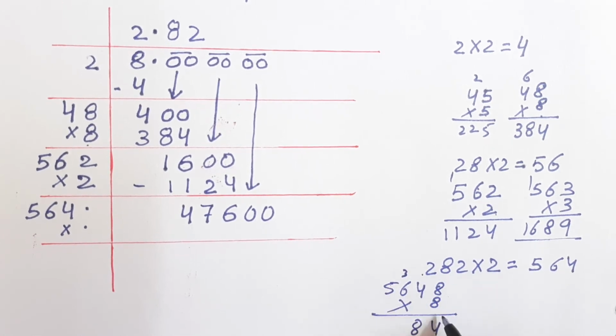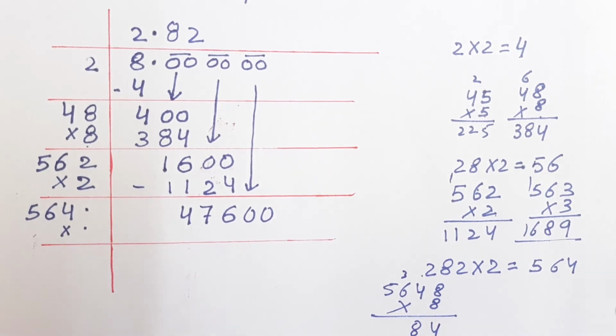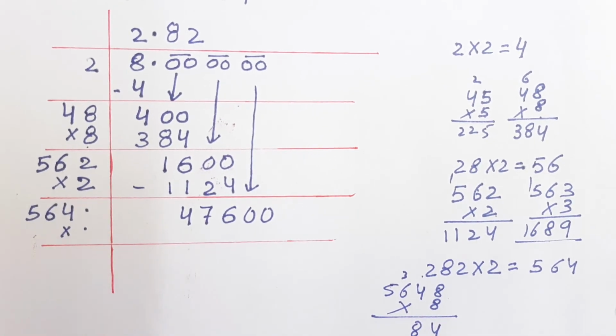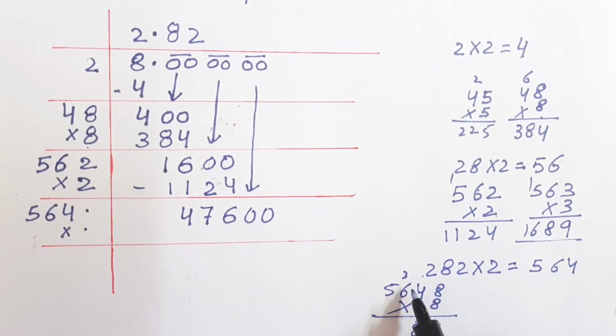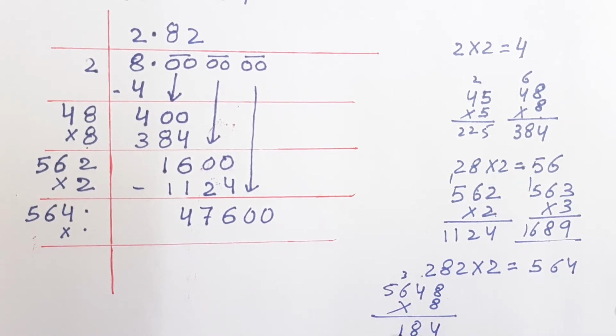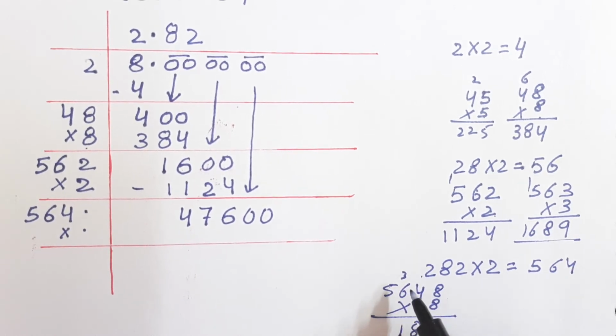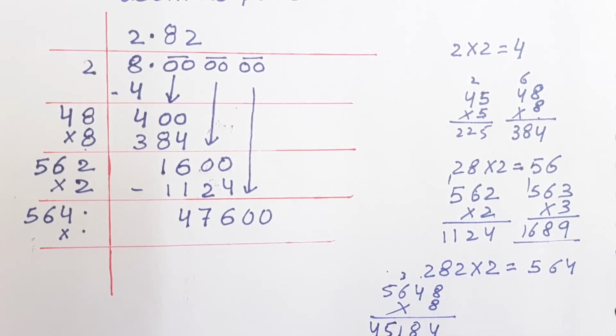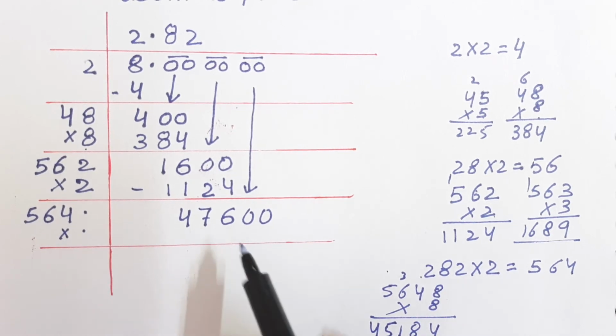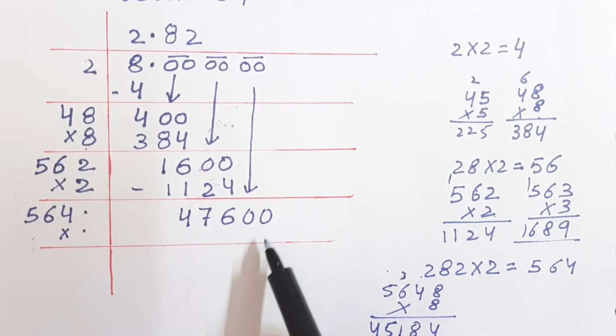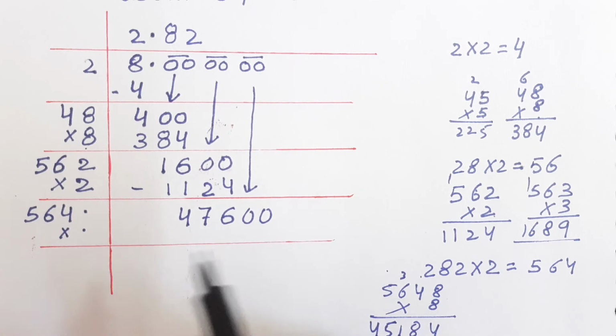Then 8 6s are, yes, 48, right? 48 and 3, this is 51. Then we write 8 5s are 40. So 45, it is 45184. Now students, you can see we are very close to this. If you try with a bigger number, it will become a little bigger than this number. So we go with 8 only.